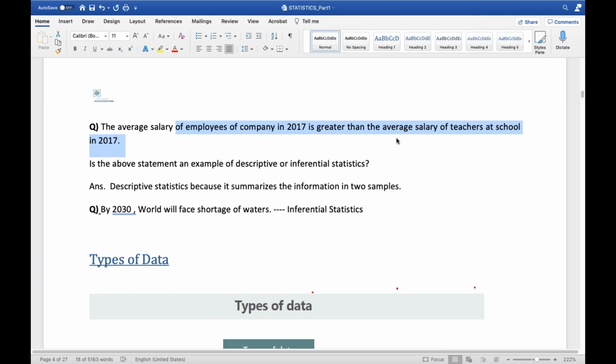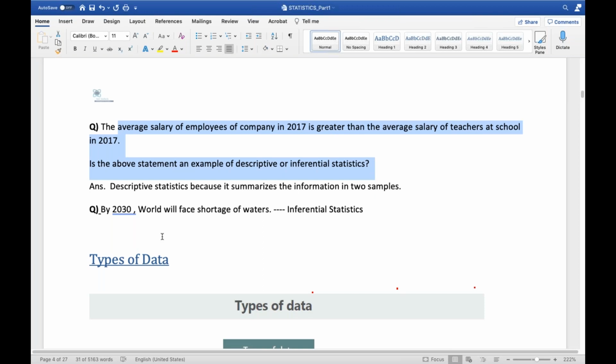We are giving something that has already happened. The average salary of employees in 2017 is greater than the average salary of teachers at the school. We are not assuming; it's a reality. We are giving a description. If you give a description about the future, that is inferential statistics. So in 2022, employees may get more salary than teachers. That is an assumption, an estimation, that is inferential. This is not inferential, this is descriptive statistics.